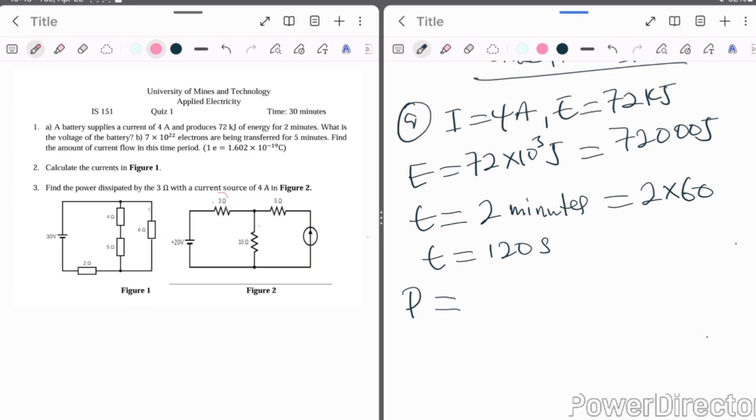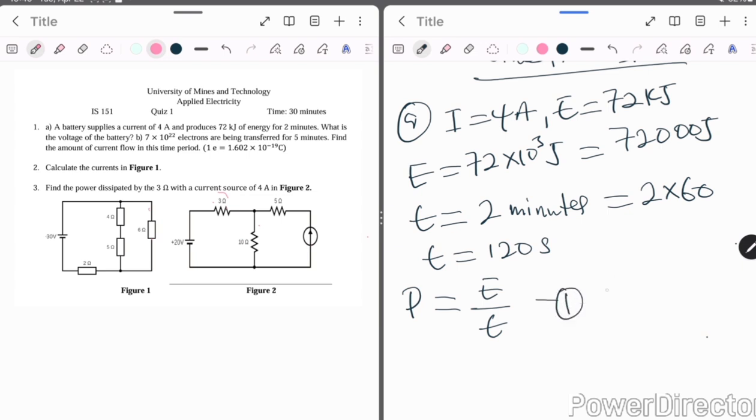So we can get power to be equal to energy over time. We are going to label this as equation 1.